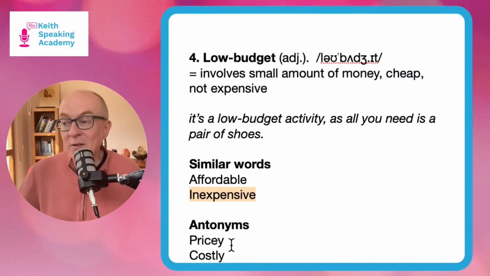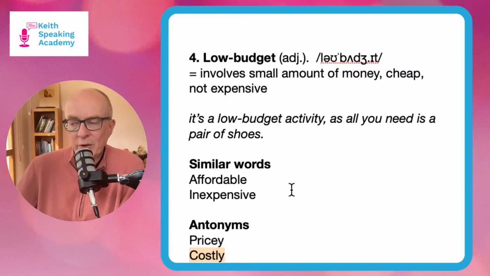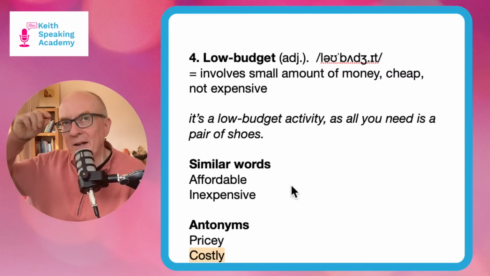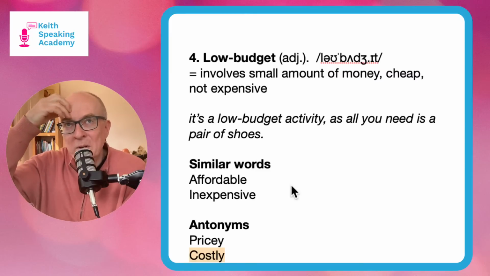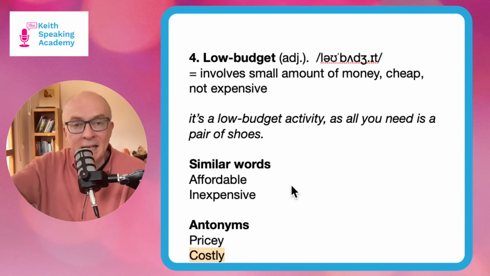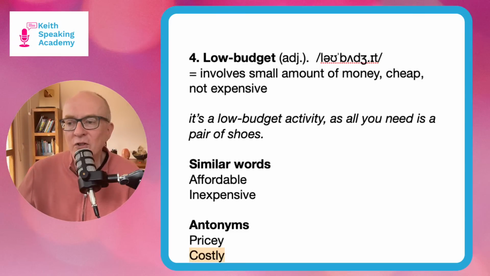Antonyms, that's the opposite. You could say pricey or costly. It's a costly activity. It's a pricey activity. The shoes are pricey. No, the shoes are cheap. Special equipment like skiing equipment is pricey or costly. Okay. Good.